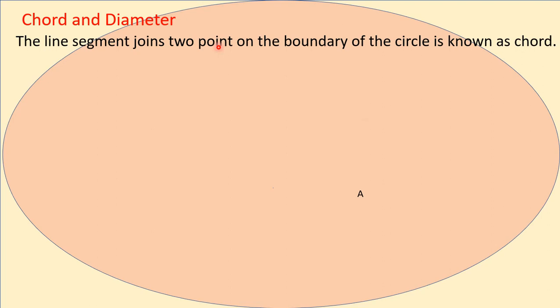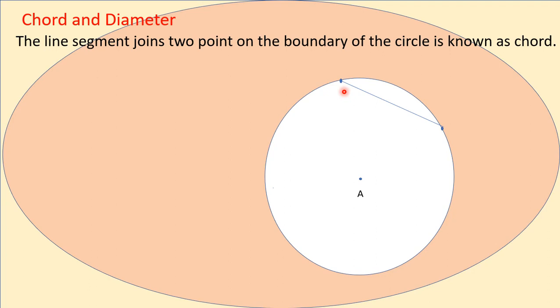The line segment joining two points on the boundary of the circle is known as a chord. Let there be a circle with center A, and we take two points on the boundary of the circle and join these two points, for example here by the yellow line and by the blue line, and there is another one.